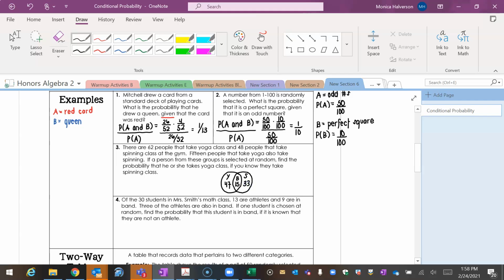If a person from these groups is selected at random, find the probability that he or she takes yoga class if you know they take spinning. So the event that we already know is spinning class.